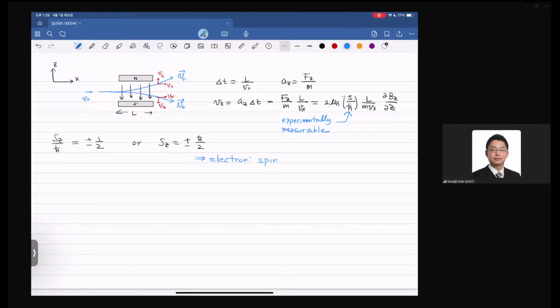Of course there's an h bar, but it's always there, so you just ignore it and call it spin half. That's pretty much everything about the Stern-Gerlach experiment. That's how they found the electron spin is spin half. You have these two islands, and these things are all measurable in a careful physics experiment. You can actually measure S.